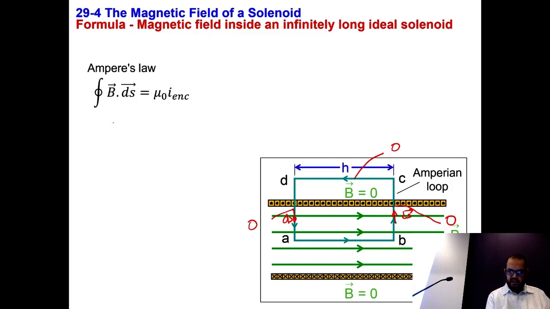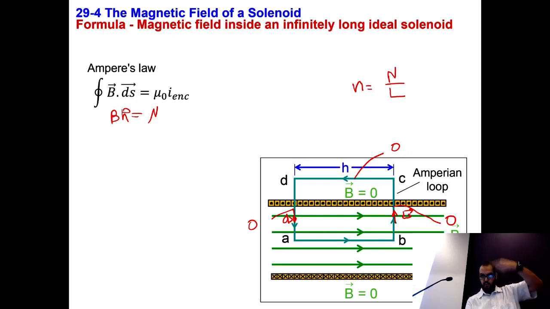So we can write in this case that B h is going to be equal to mu 0 I enclosed, the current that is enclosed. So let's try to determine the current that is enclosed. If we know the length h and we know the number of turns per unit length, let's say N is the number of turns of the wire per unit length, we can determine how many turns are enclosed in this loop, so we just multiply N by h.